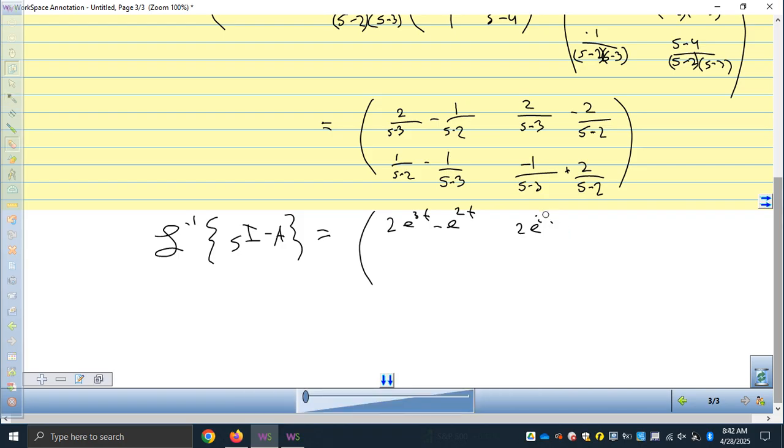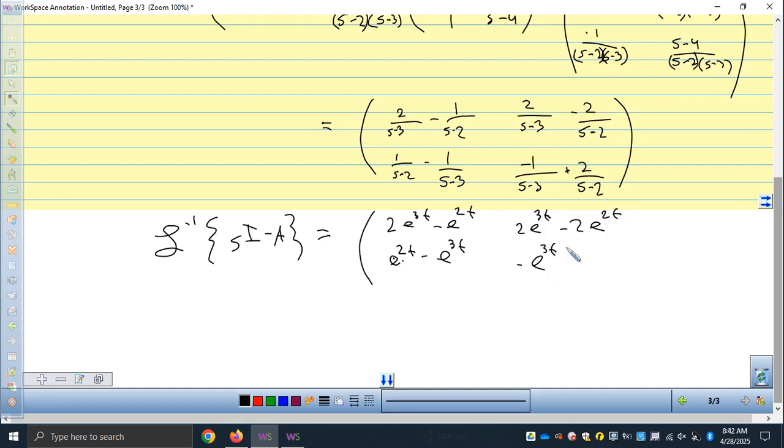No, 2e to the 3t minus 2e to the 2t, e to the 2t minus e to the 3t, and minus e to the 3t plus 2e to the 2t. Yes. That's the inverse transform.